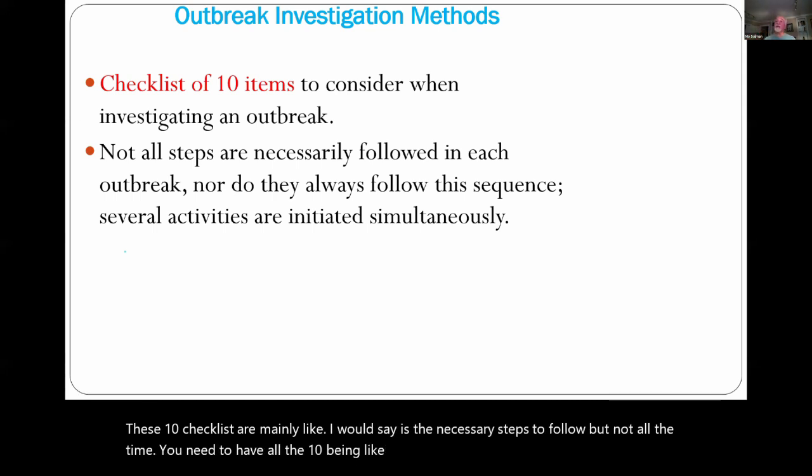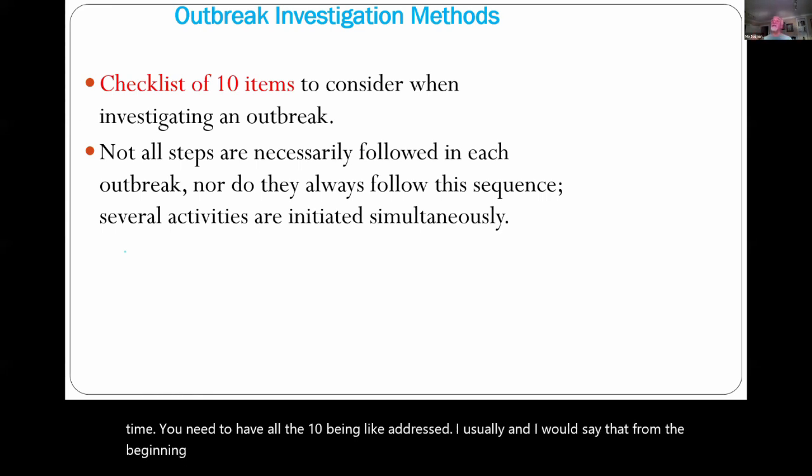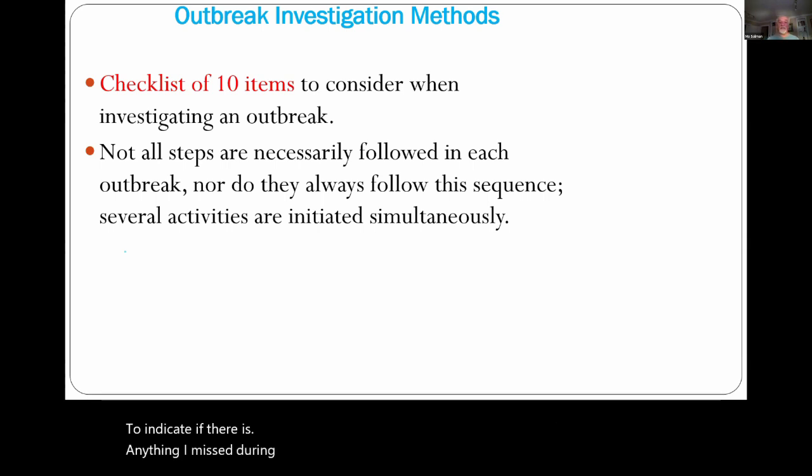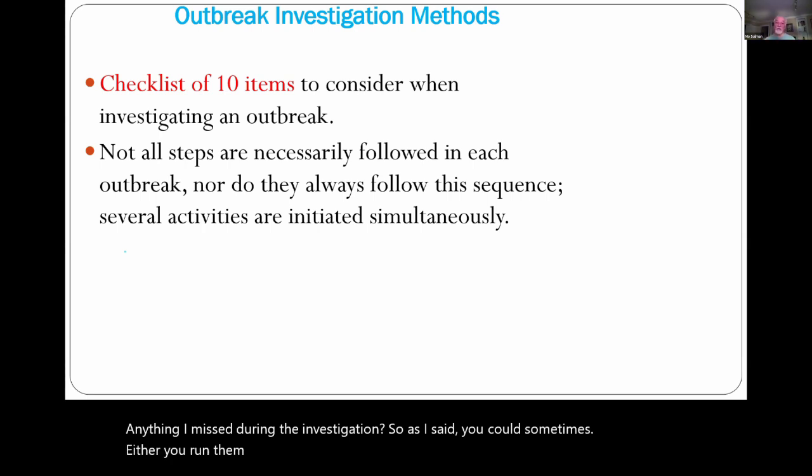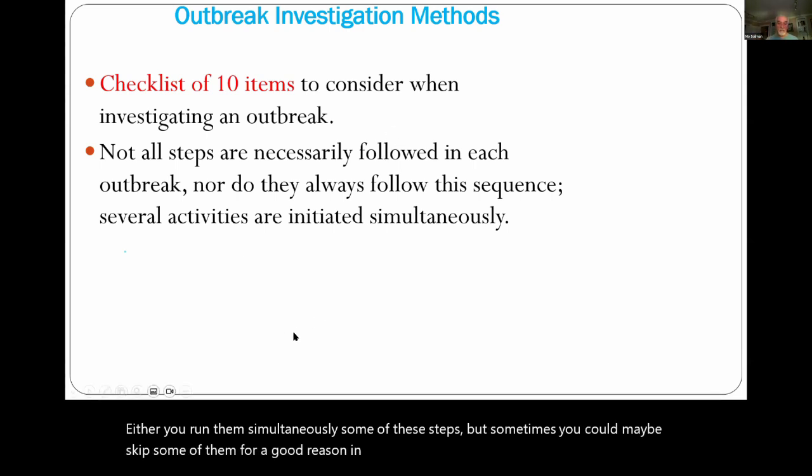I usually use the 10-item checklist when I am almost thorough with my investigation, to indicate if there is anything I missed. Sometimes you could run some of these steps simultaneously, and sometimes you could skip some of them for a good reason.